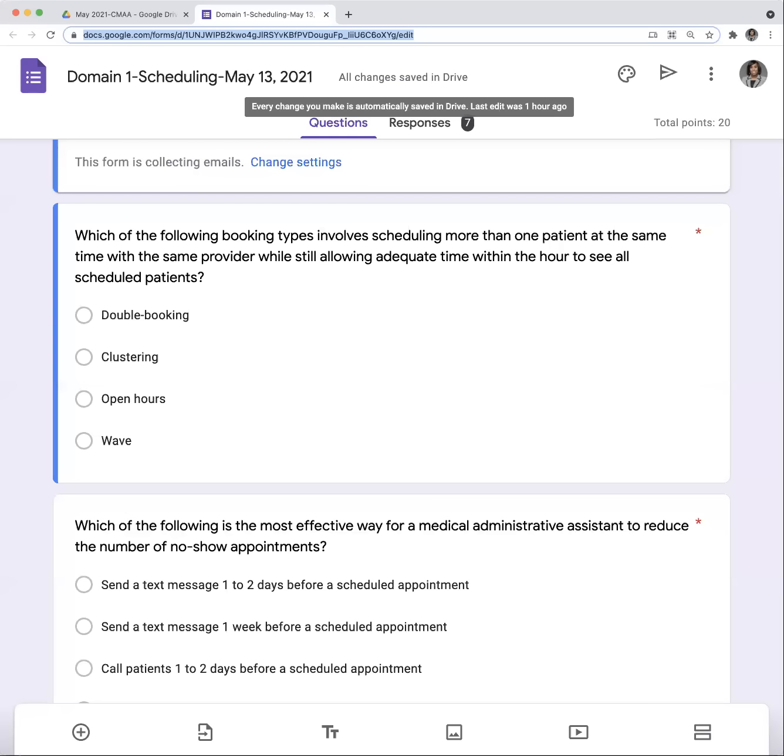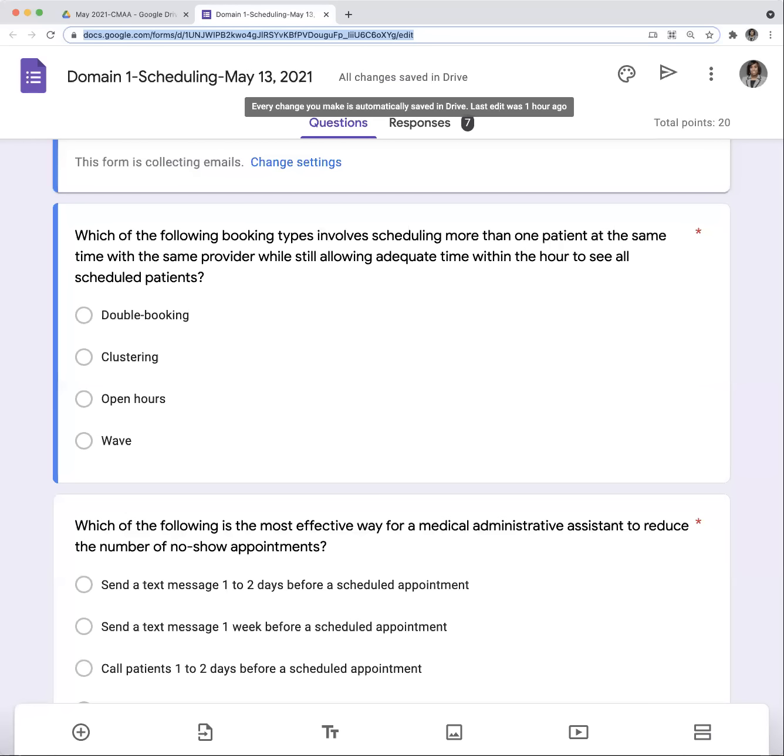Are you sure? More than one, or still within an hour. Yeah, it has to be wave. I mean, it's 9 o'clock. Everybody gets the same time. It's a first come, first served basis. Would it be cluster? Oh, clustering.